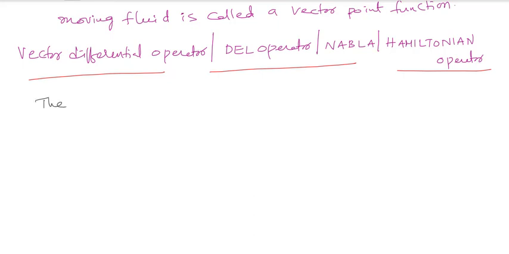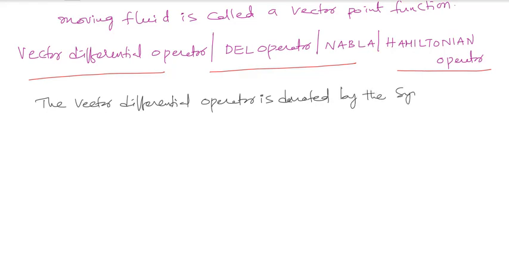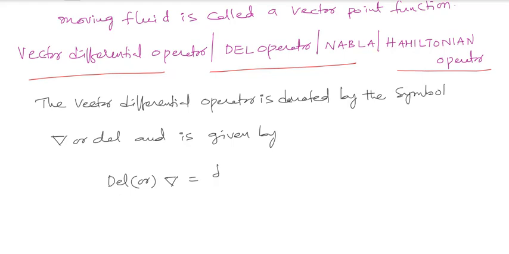The vector differential operator is denoted by the symbol delta, which is nothing but del, and is given by del or delta equals dou by dou x into i bar plus dou by dou y into j bar plus dou by dou z into k bar.